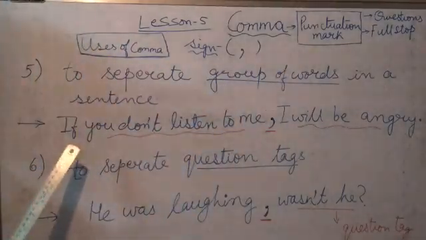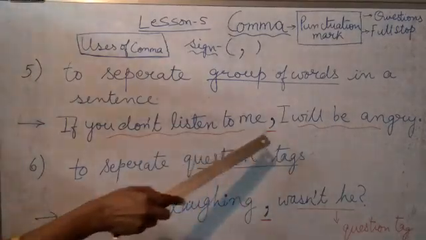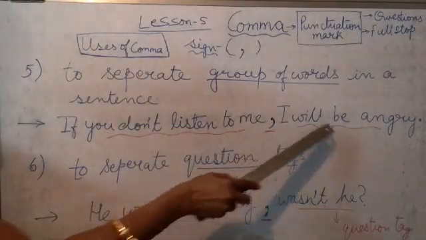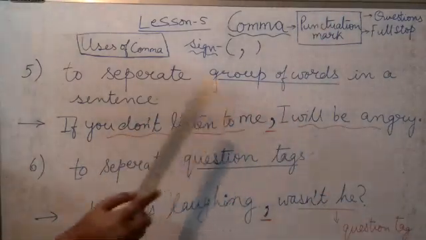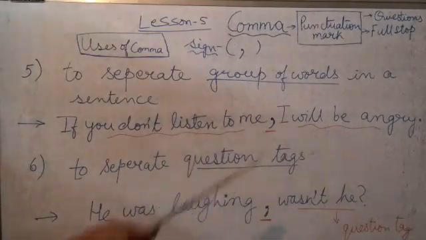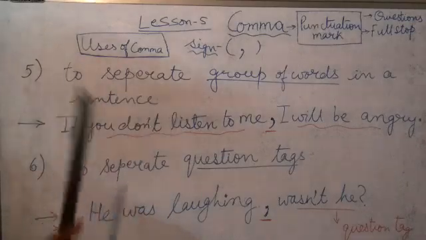For example, if you don't listen to me, this is one sentence. Here I have put comma, I will be angry. Now, there are two groups of words. So, we have used comma to separate the sentence.